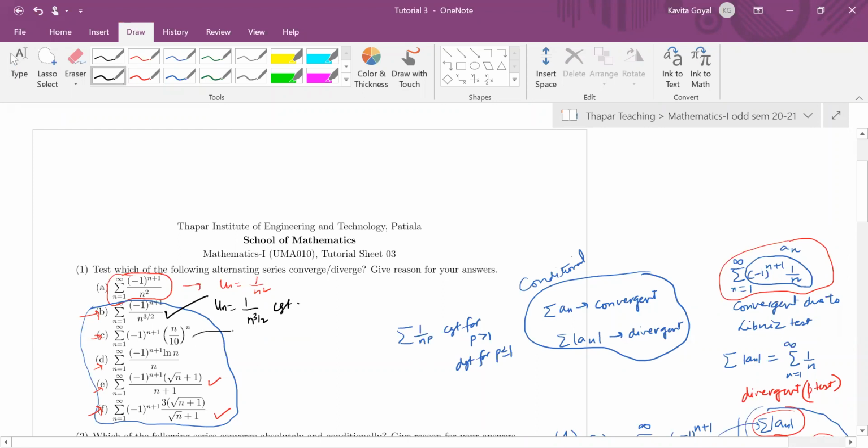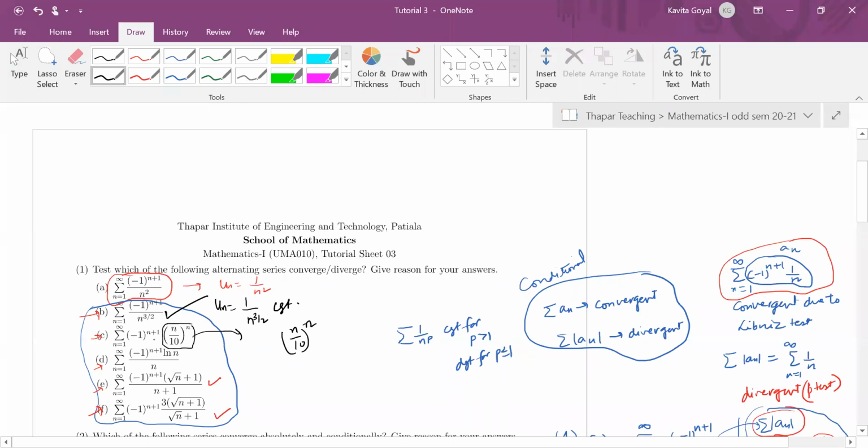Okay, the next one, n by 10 raised to power n. Convergent, divergent? Divergent. How? Un is not greater than or equal to 0 at some time, because sometimes it is increasing at first and then decreasing. Root test?